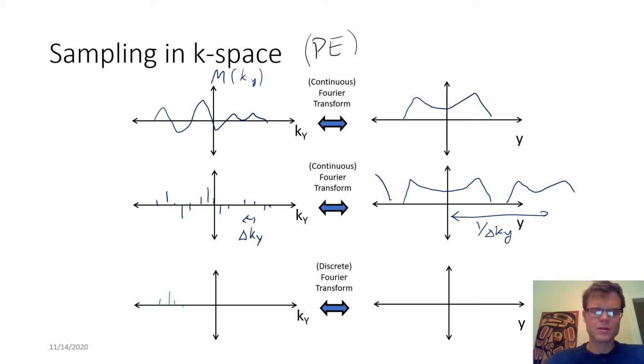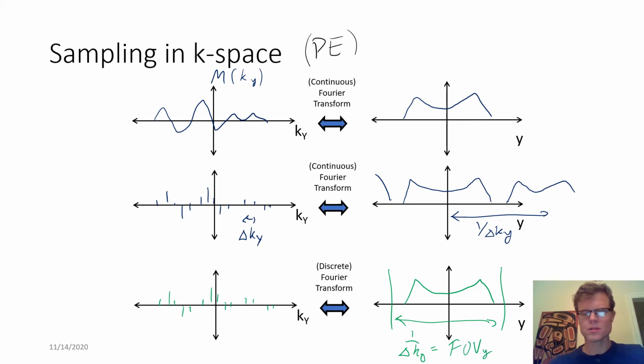Or if we look at this in the way we actually perform this, which is with the discrete Fourier transform, what we see is the unambiguously defined region here, again still 1 over the sample spacing, which is now going to be the field of view in the y direction.